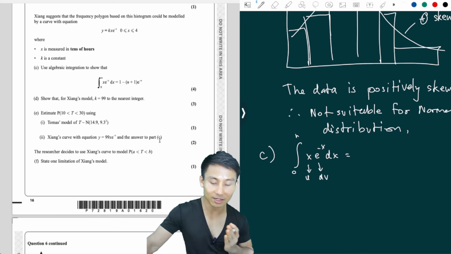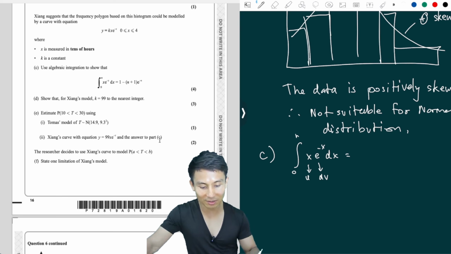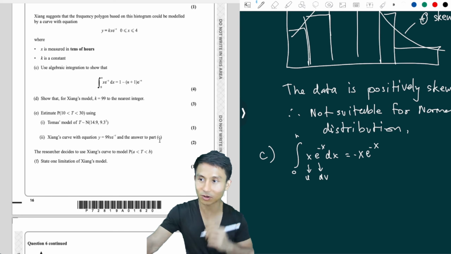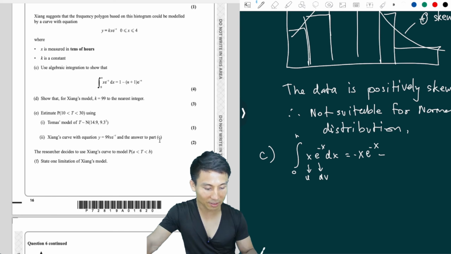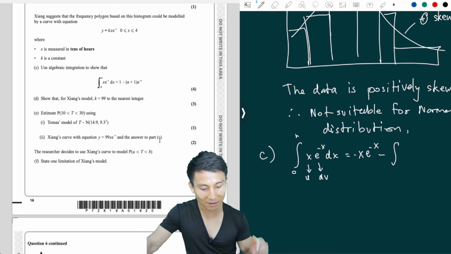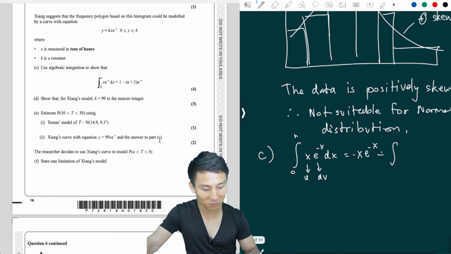If you integrate e to the minus x, you get minus e to the minus x. So I put the minus in front. Minus integral du, which is 1, and then v, which is also minus e to the minus x, and minus times minus, we get a plus here, dx.